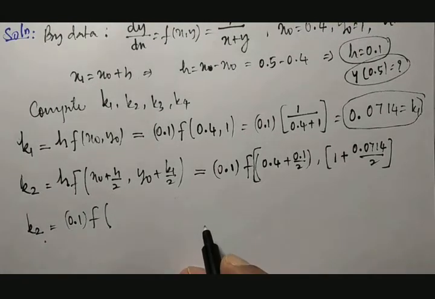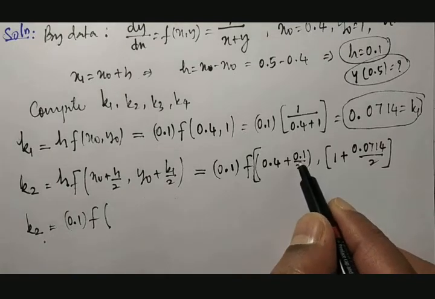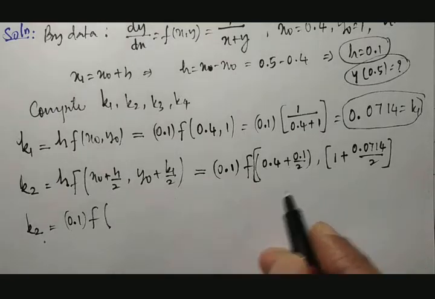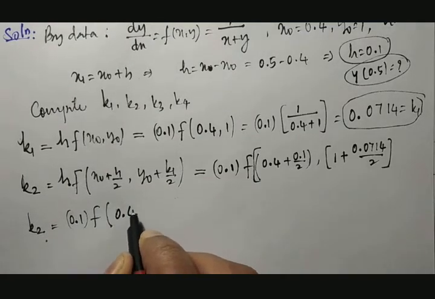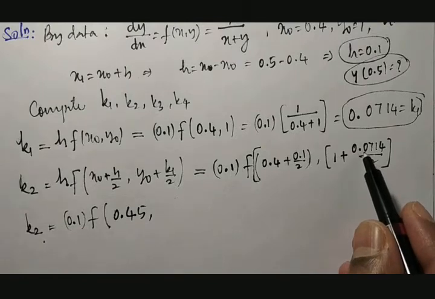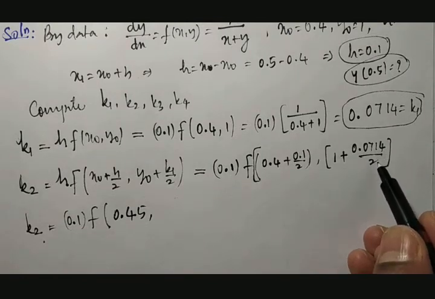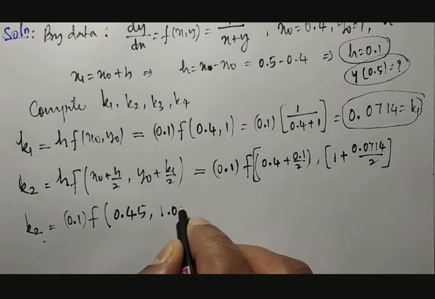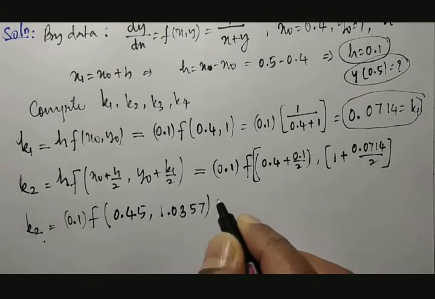Therefore k2 is equal to 0.1 into f of, let us take these values. 0.1 divided by 2 will be 0.05. 0.05 plus 0.4 will be 0.45, comma 0.0714 divided by 2, that will be 0.0357, that plus 1 will be 1.0357.